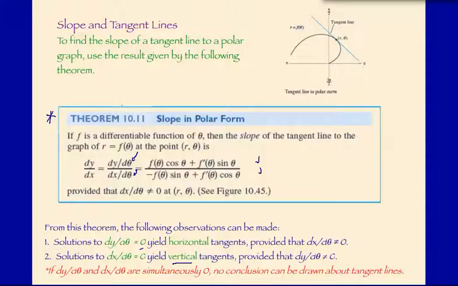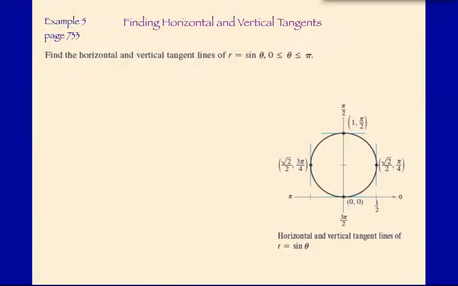Okay, so in this last example, let's find horizontal and vertical tangents of this particular polar graph, r equals sine theta, and of course they give us a range to look at from 0 to pi. Let's first convert this to a set of parametric equations because remember we have these relationships.